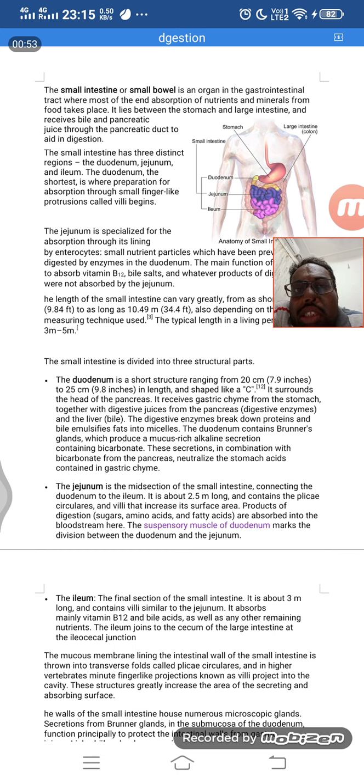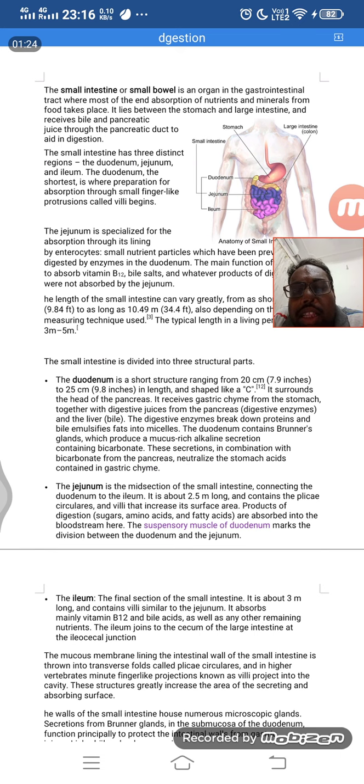The duodenum comes first, around 20 to 25 centimeters in length, and it is C-shaped. That is the beginning of the small intestine. In the duodenum, the pancreatic juice and bile are secreted, which we will discuss later.